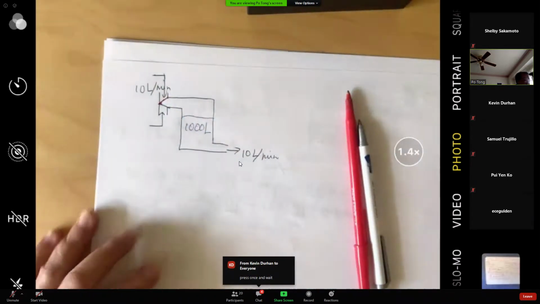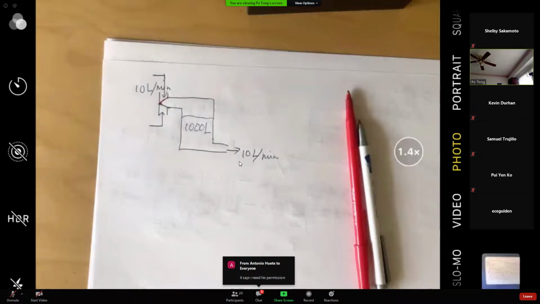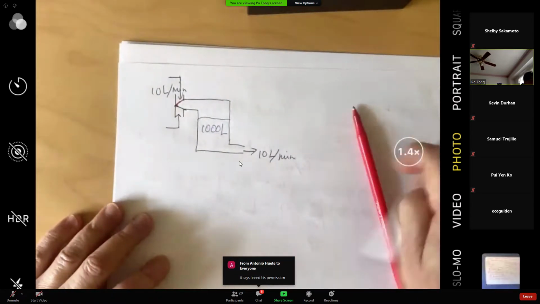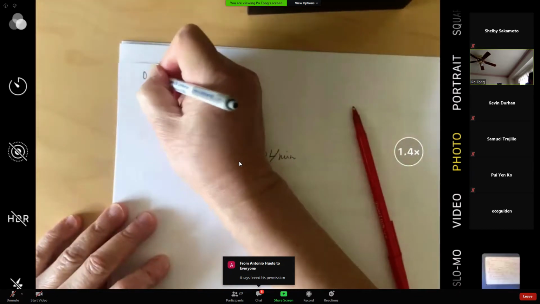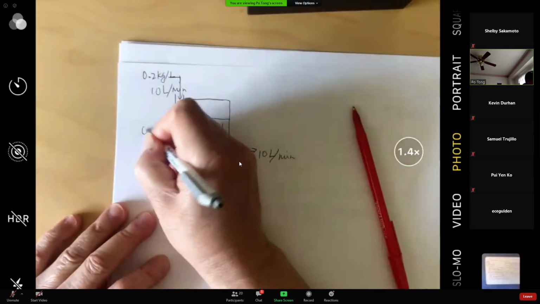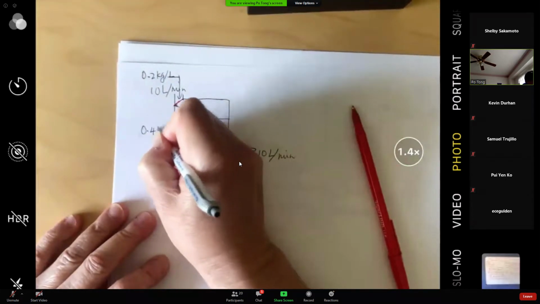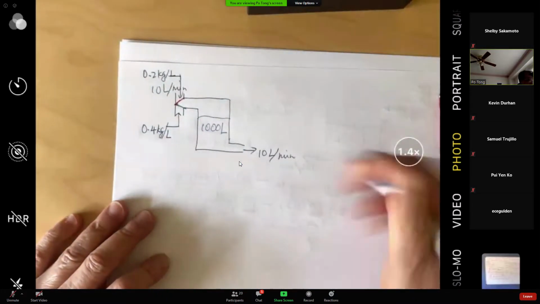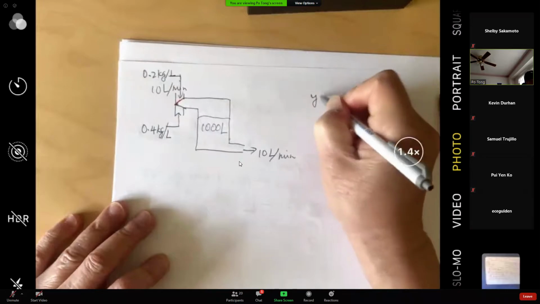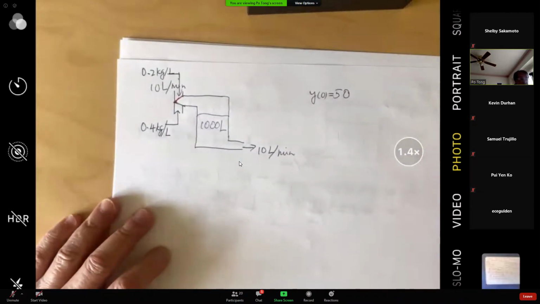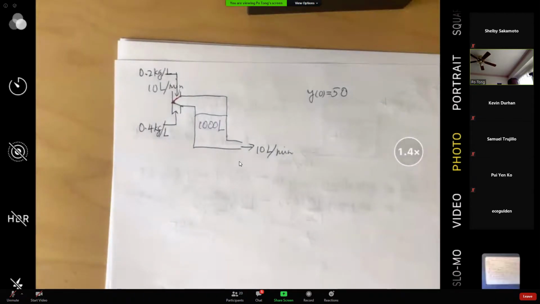Okay. Let's say this is 0.2 kilogram per liter, and this one is 0.4 kilogram per liter. So initially, Y0 is equal to 50.